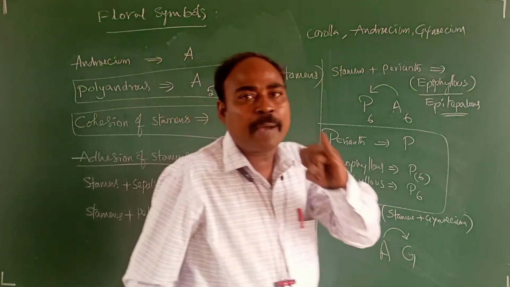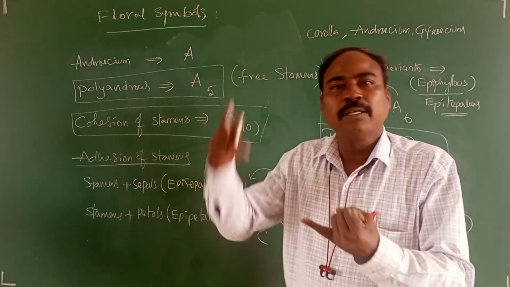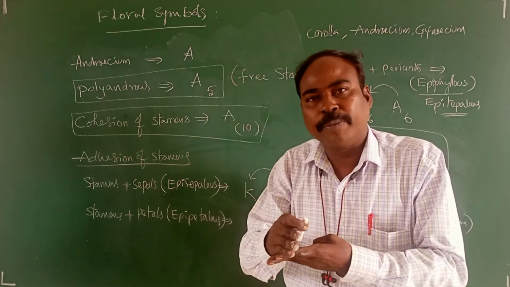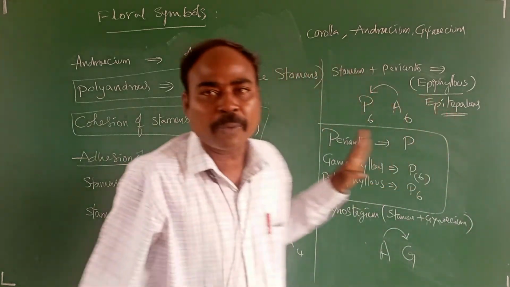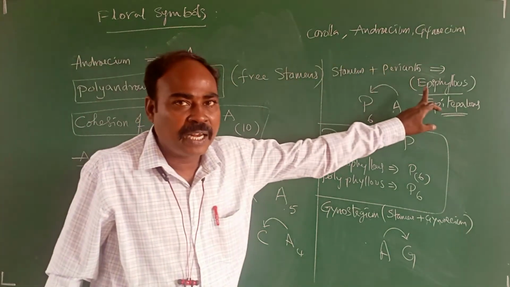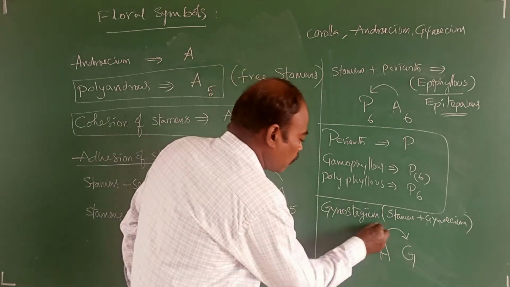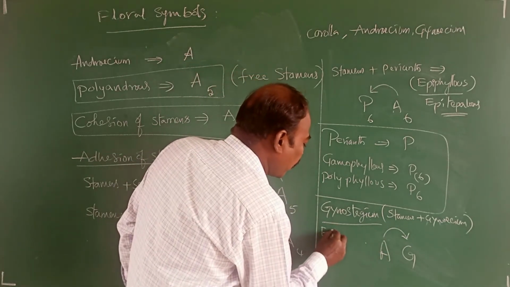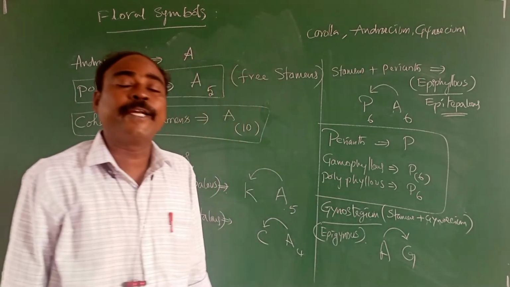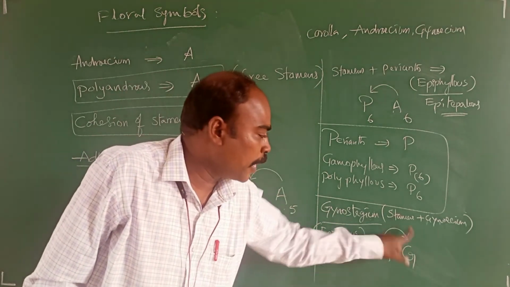Stamens attach with other floral parts like calyx, corolla, perianth or gynoecium. These conditions are called epipsepalous, epipetalous, epiphyllous, and epigynous or gynostegium, shown with an arrow mark between androecium and gynoecium.